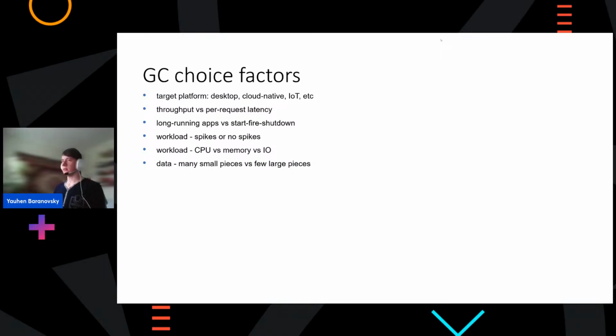In terms of workload, you need to understand whether you will have some significant spikes in any of the performance dimensions or not, whether you will load more of CPU workload or memory, or you will be I/O intensive.